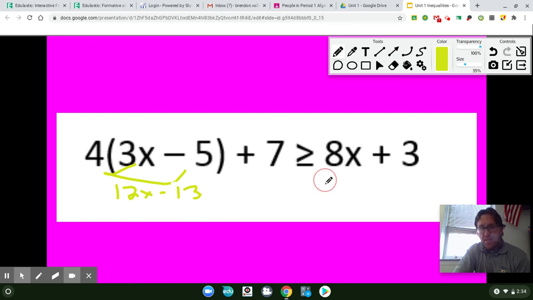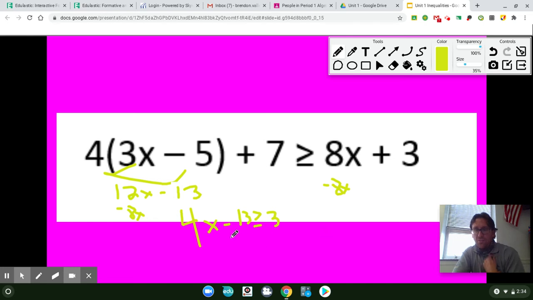So now I'm going to subtract 8x from both sides. So that gives me 4x minus 13 is greater than or equal to 3.